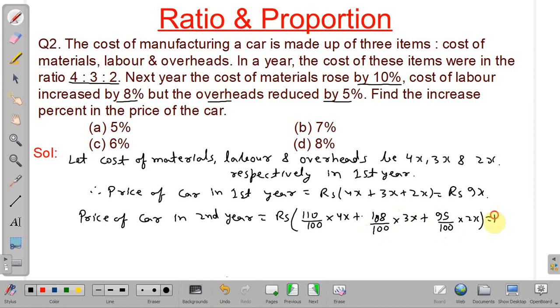When we add, it will become rupees 954x by 100.